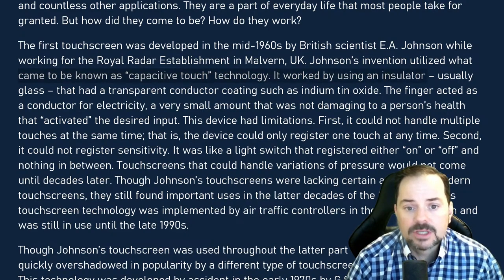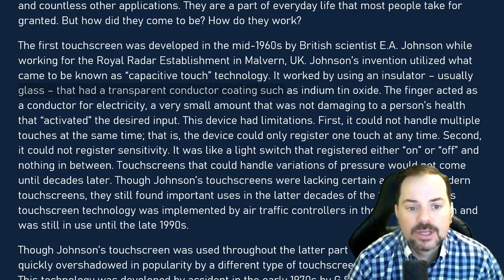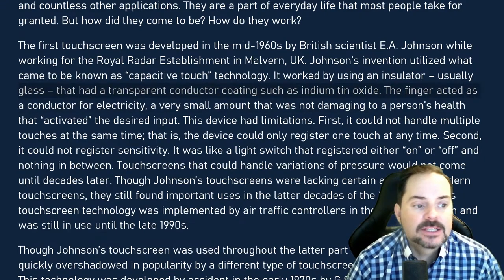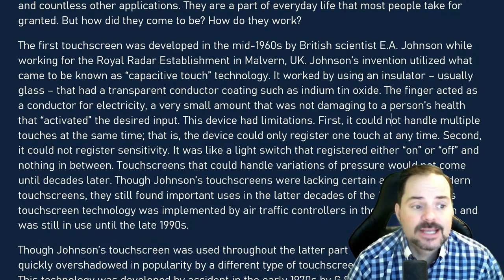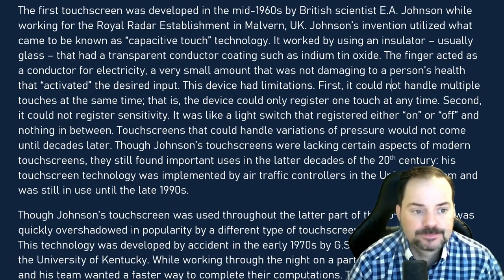It worked by using an insulator, usually glass, that had a transparent conductor coating such as indium tin oxide. The finger acted as a conductor for electricity, a very small amount that was not damaging to a person's health, that activated the desired input.